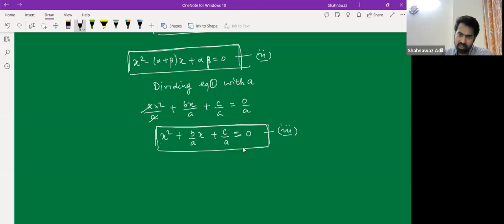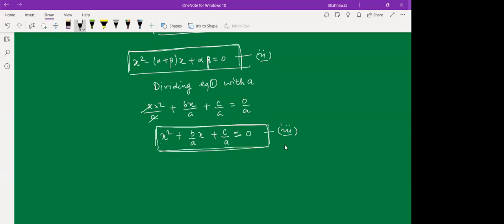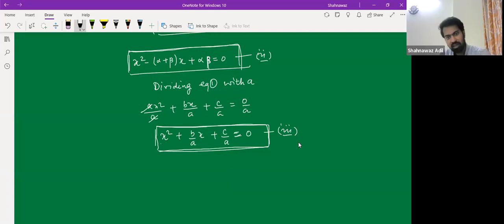So you're saying we can use both of them for making the quadratic formula? Yes, obviously, because both are the same quadratic equation represented in different ways. That's what I am telling, right?